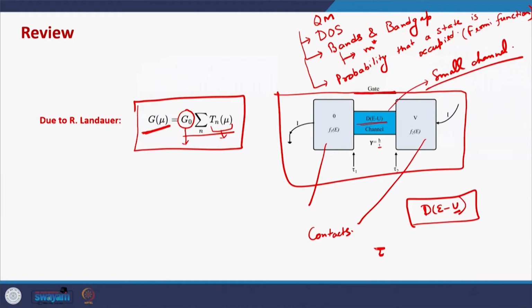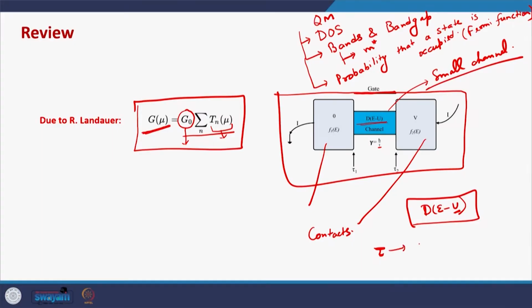So, tau is the time that the electron takes to travel from the contact across the entire device.